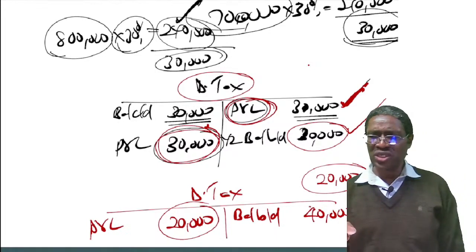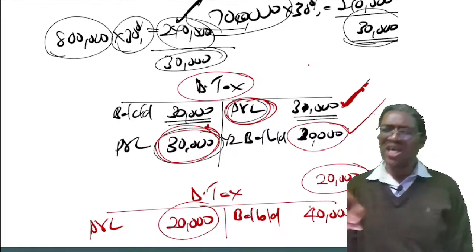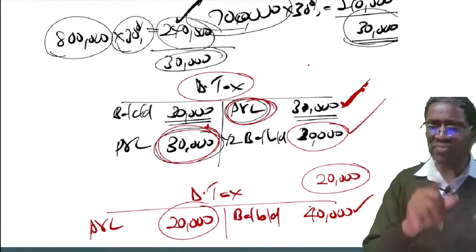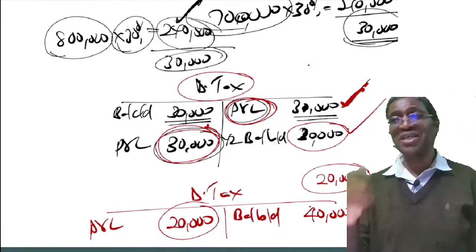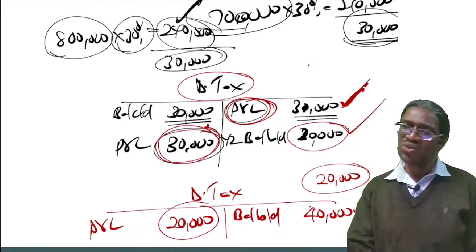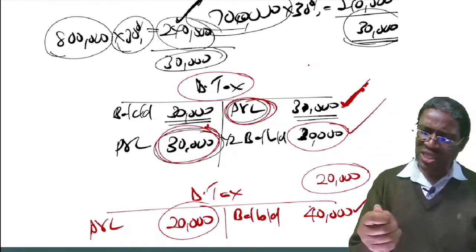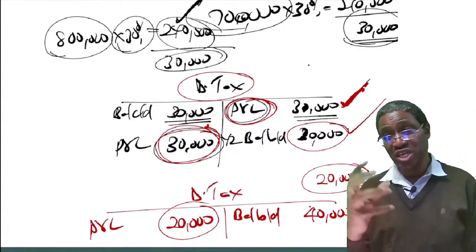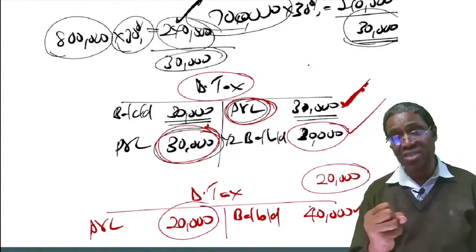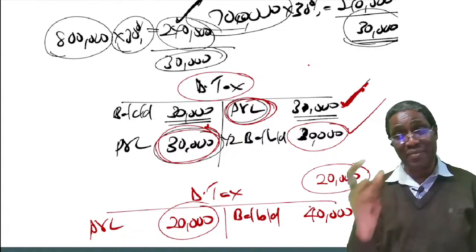When the question says transfer 30,000 from the deferred tax, you need to know deferred tax is a liability.